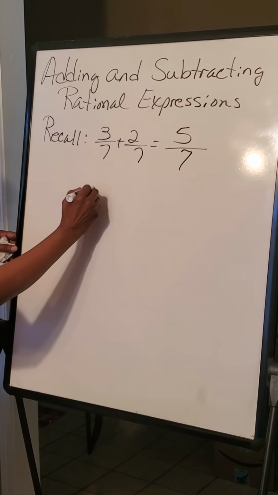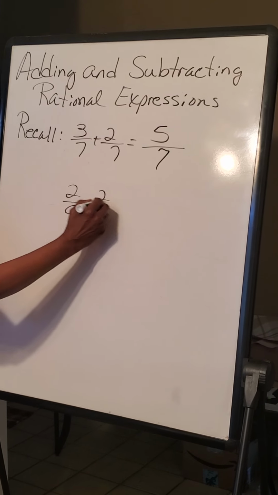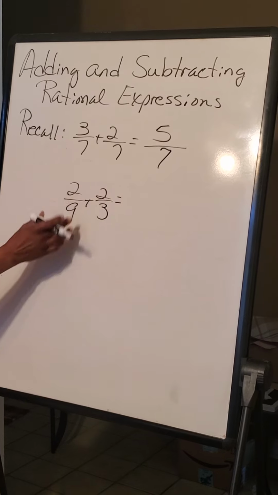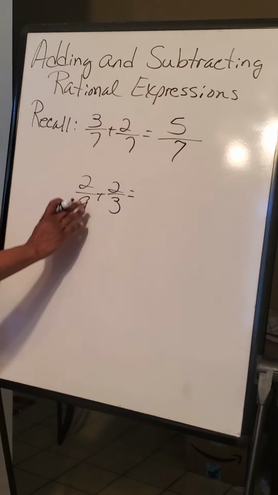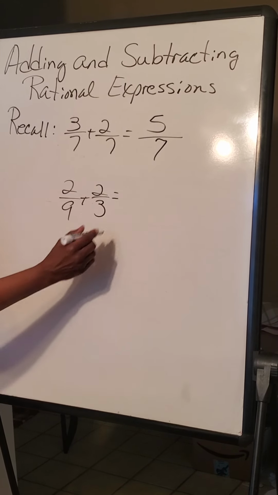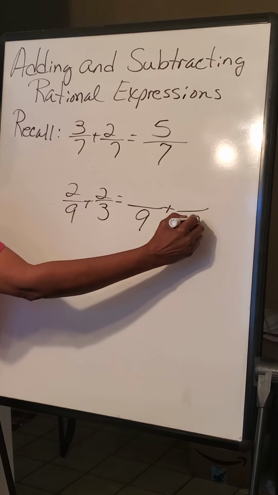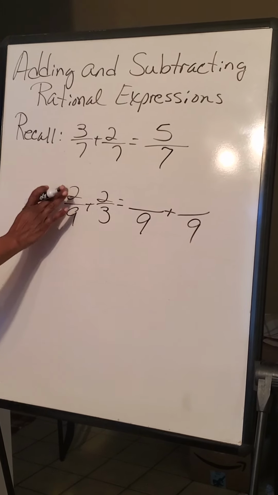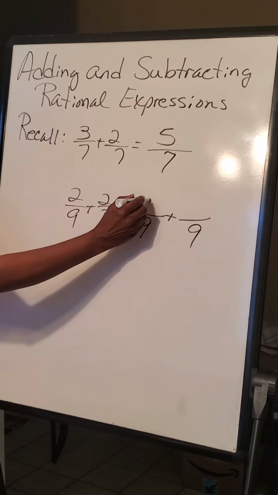If I had 2/9 plus 2/3, again, in order to add or subtract fractions, they must have the same denominator. So the LCD for 9 and 3 is 9. So I'm going to have two fractions with the same denominator of 9. Well, this numerator will remain the same because this denominator is already 9.